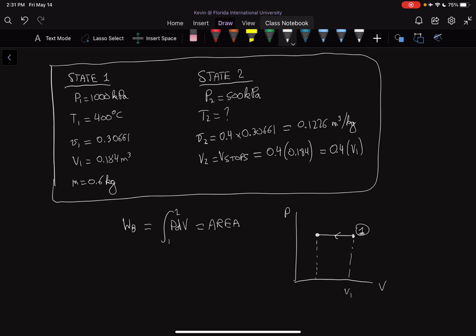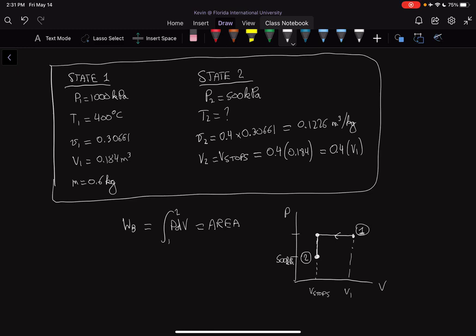So this is equal to V stops. Once we hit V stops, what happened to our pressure? Our pressure started going down because our piston couldn't go down anymore. So our PV diagram looks something like this for this system. And point 2 is right here at 500 kilopascals.